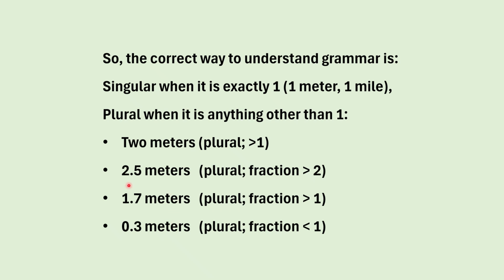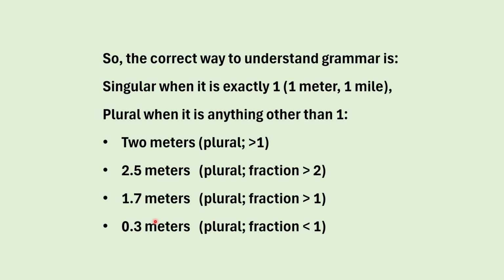Anything that is not exactly 1, it can be less than 1, it can be more than 1, it can be between 1 and 2, it can be 1.5, 1.3, 1.7, or it can be 0.1, 0.5, less than 1. Anything that is not exactly 1 would be plural.